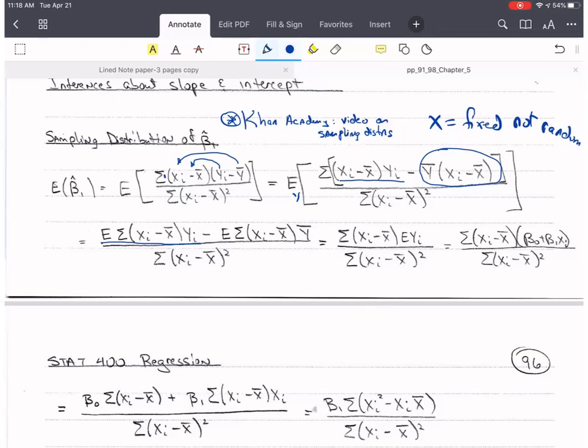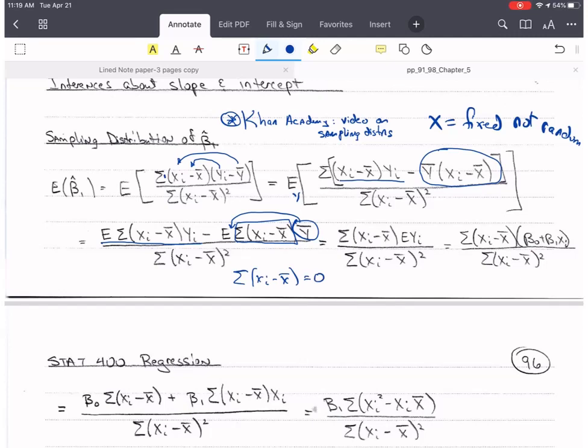Now I have xi minus x bar times yi. All right. Now, I have to be careful because here, y bar is a constant. When I pull y bar out here, the sum of xi minus x bar is always 0.